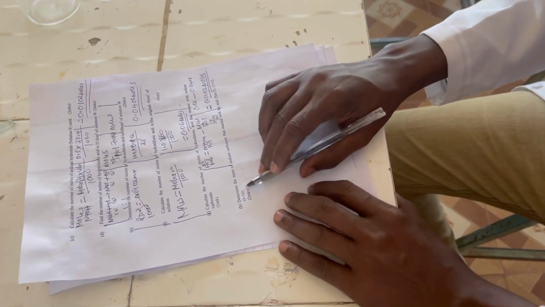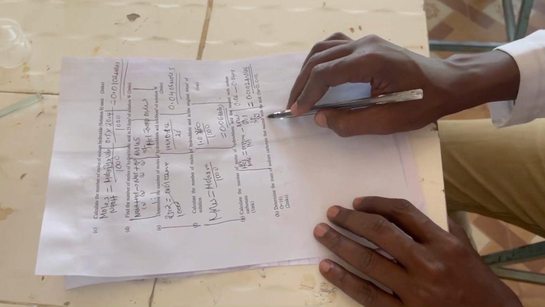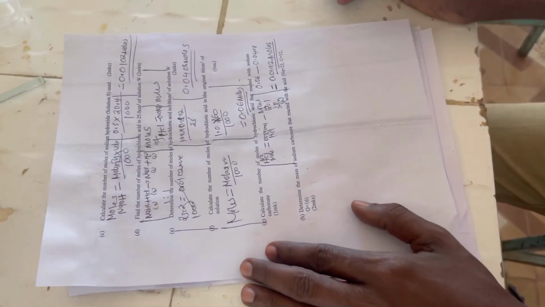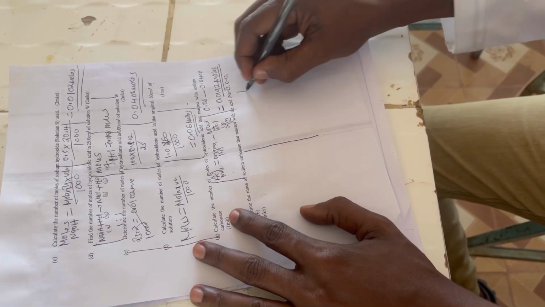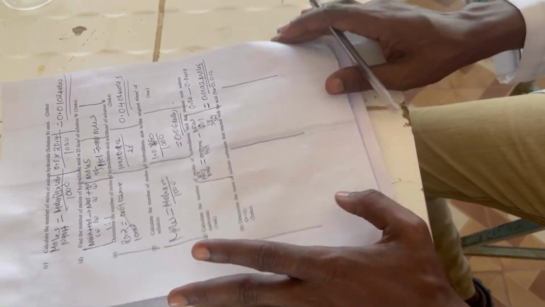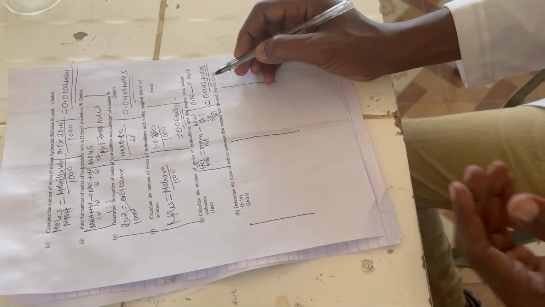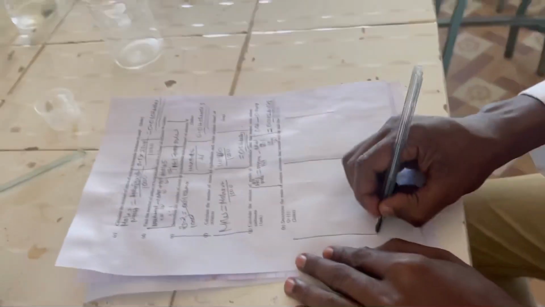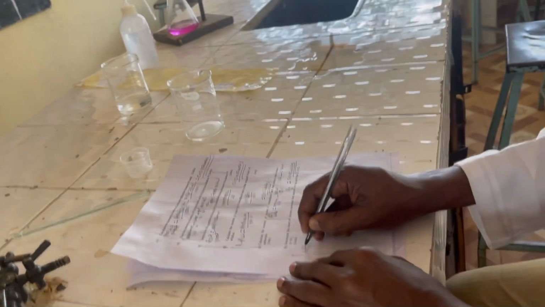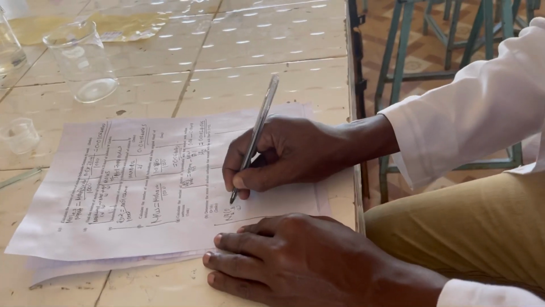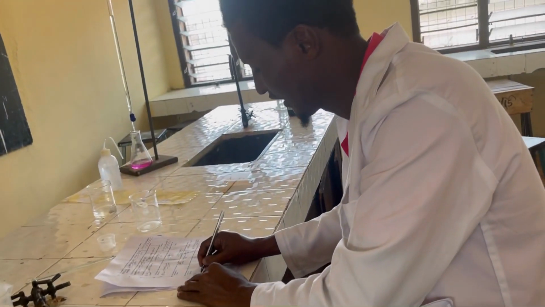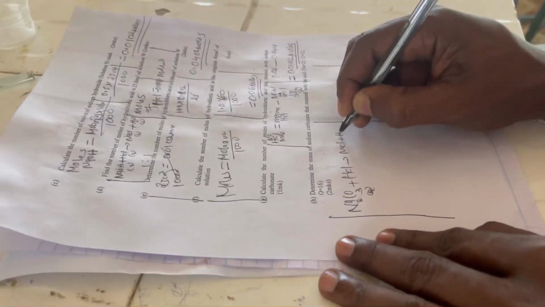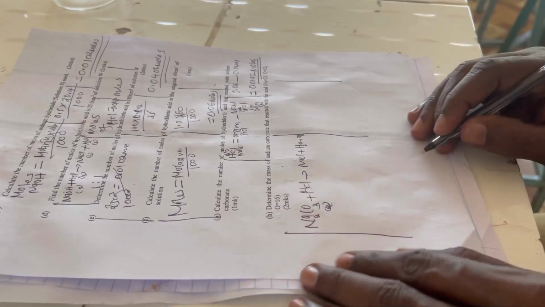So now they're asking us to determine the mass of the sodium carbonate that reacted with the acid. So how can we determine that? Remember, we don't have the moles of the sodium carbonate. So we will write an equation: sodium carbonate, solid, plus hydrochloric acid, aqueous, to form sodium chloride, aqueous, plus water, liquid, plus carbon dioxide, gas.